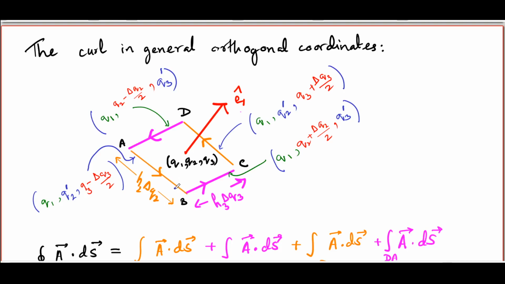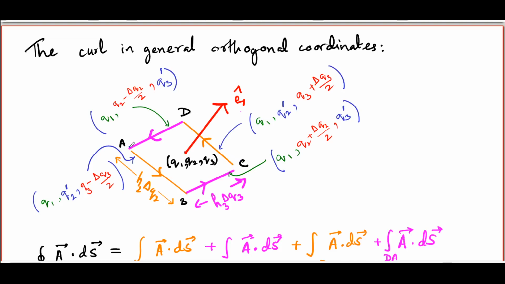That's for the arm AB. From the arm CD, the same thing happens. q2 changes as you move from C to D. What is important is the value of q3 is fixed here, but it's fixed at q3 plus delta q3 by 2. Similarly, on the arm BC, it is q3 which is changing. So that's why I've noted it with q3 prime. q2 is fixed, but at a value which is larger, at q2 plus delta q2 by 2.